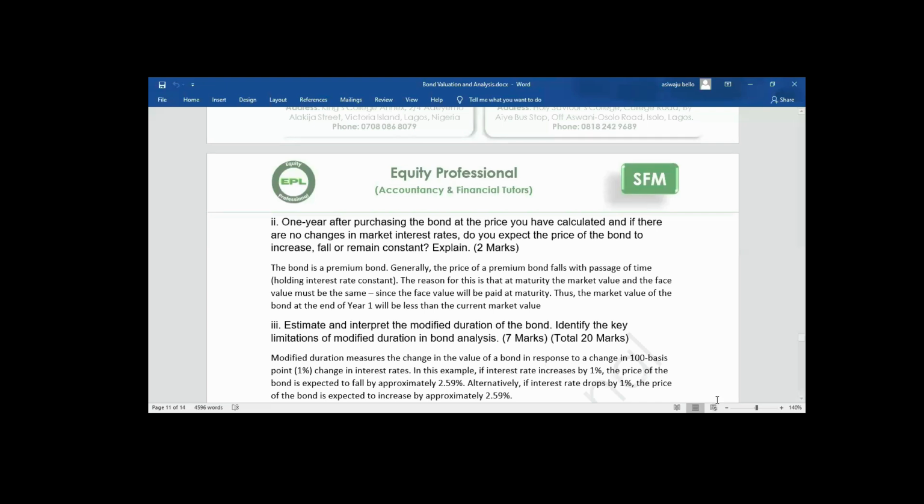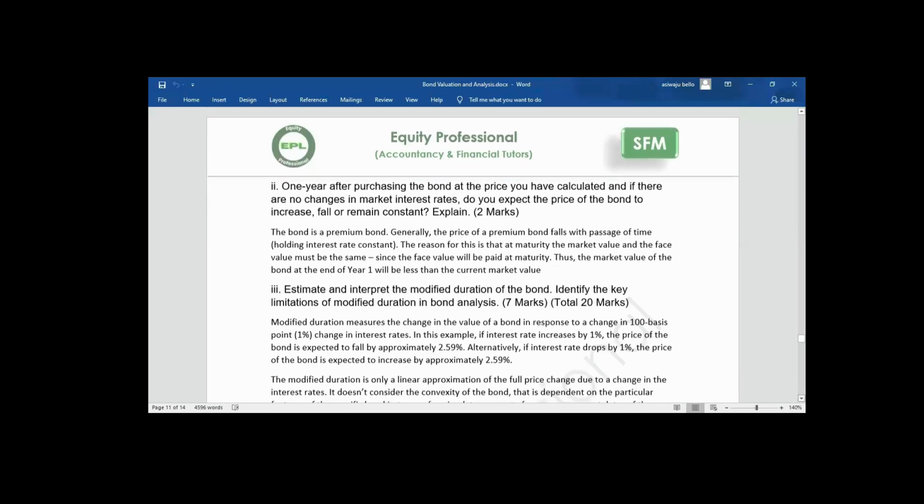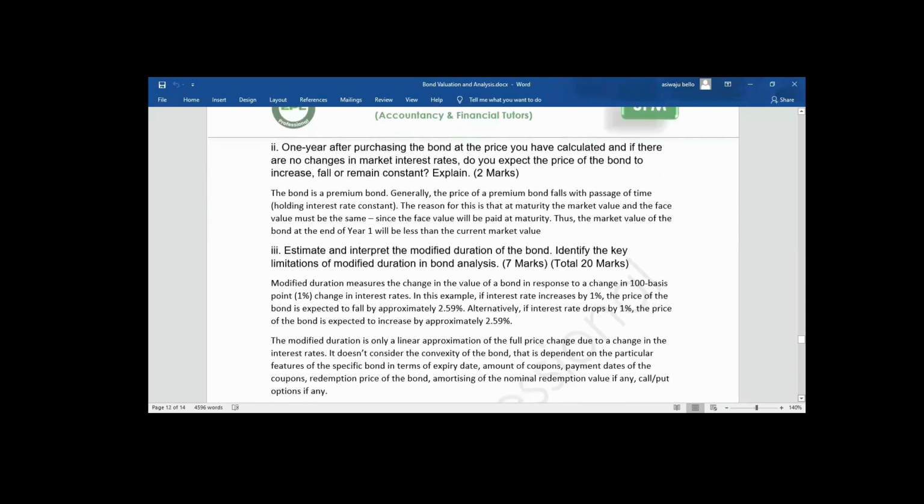Look at the comments here. Modified duration measures the change in the value of a bond, assuming there's a 1% change in interest rates.